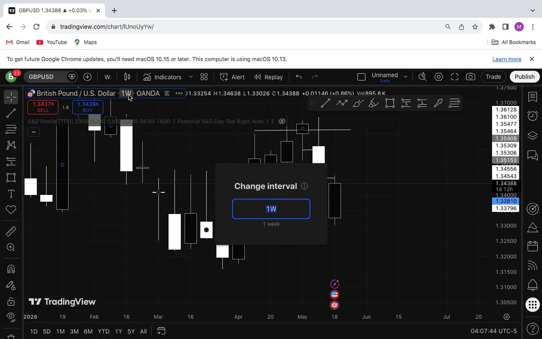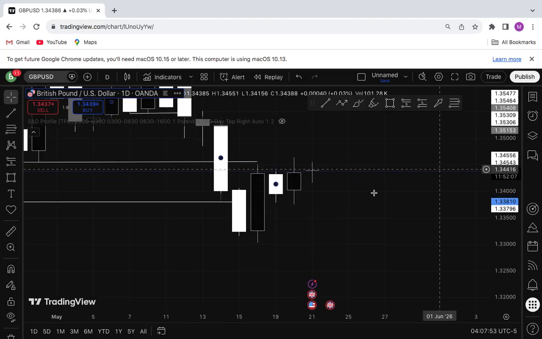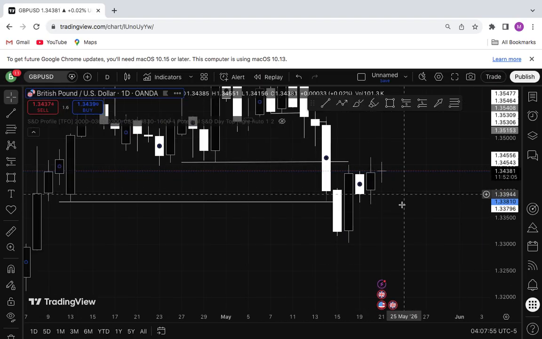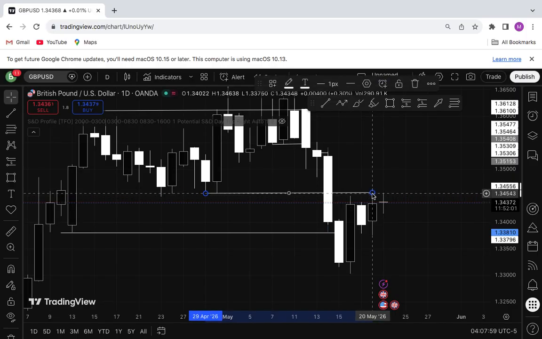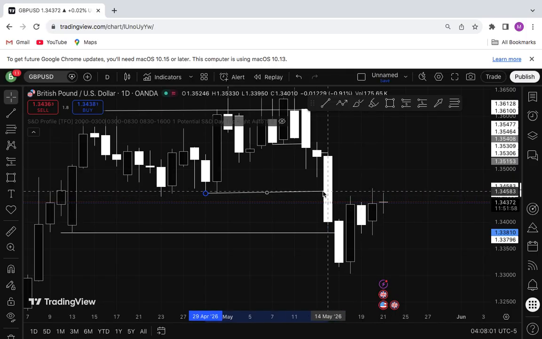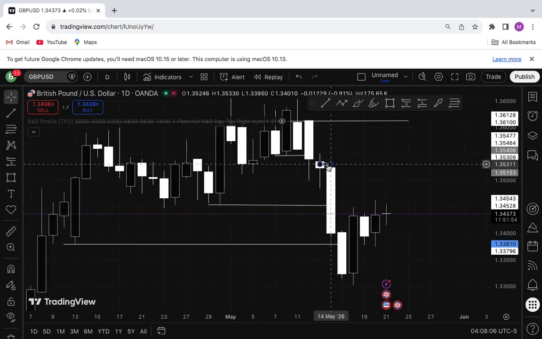So pull up the daily time frame, and on this daily time frame, this is a key level here where the market gave us a structure shift, as you can see. But now on the daily time frame, where are you expecting the market to come?